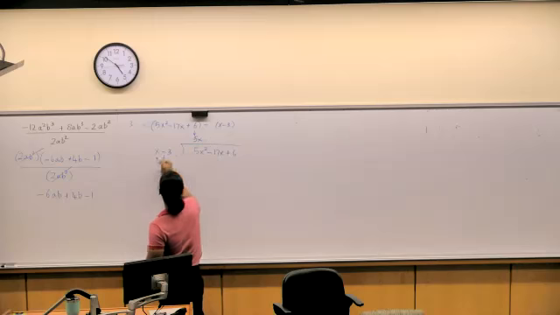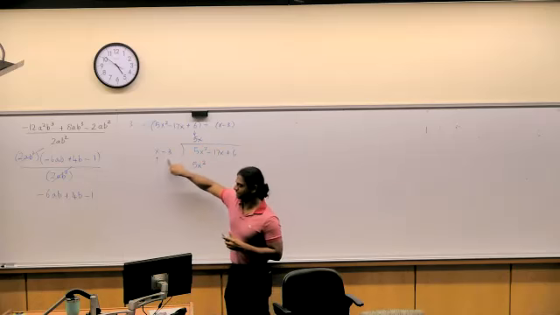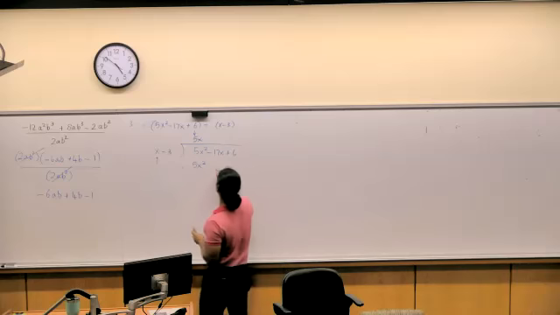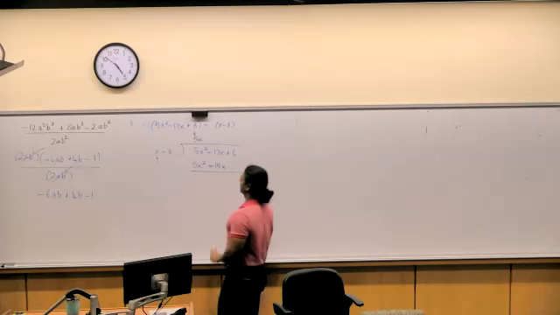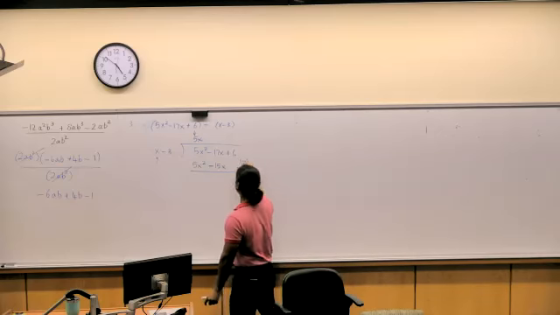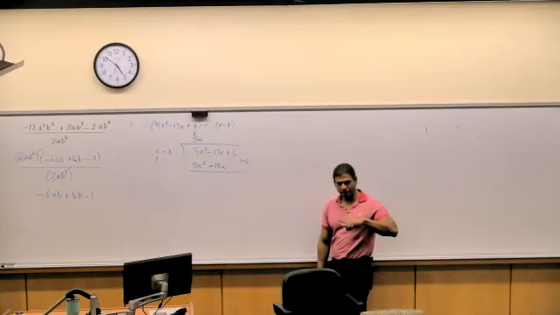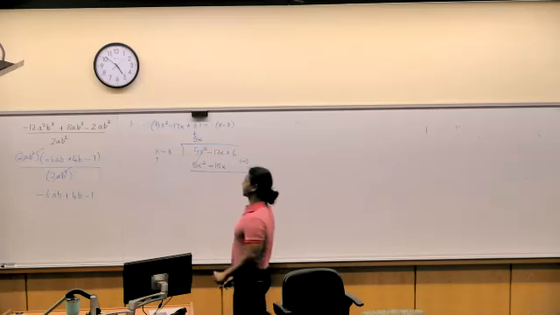So 5x times x, 5x squared. 5x times negative 3, negative 15x. That's all we have. We always subtract, so minus. 5x squared minus 5x squared will go away.